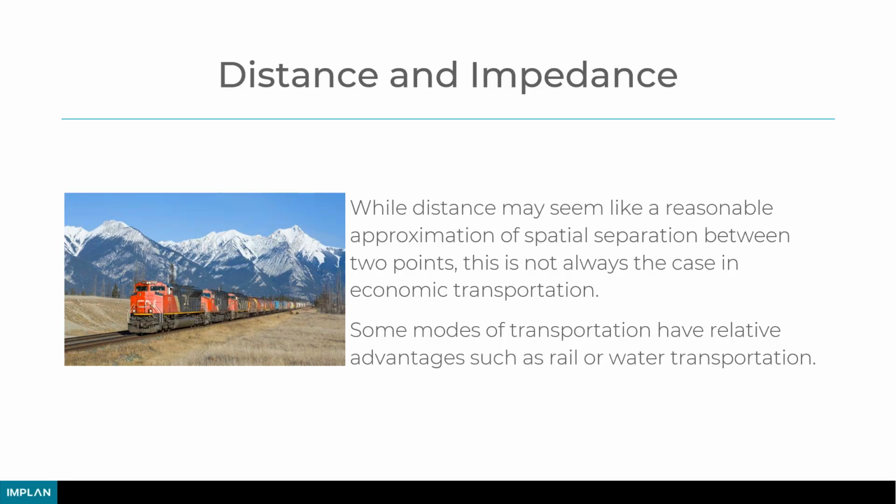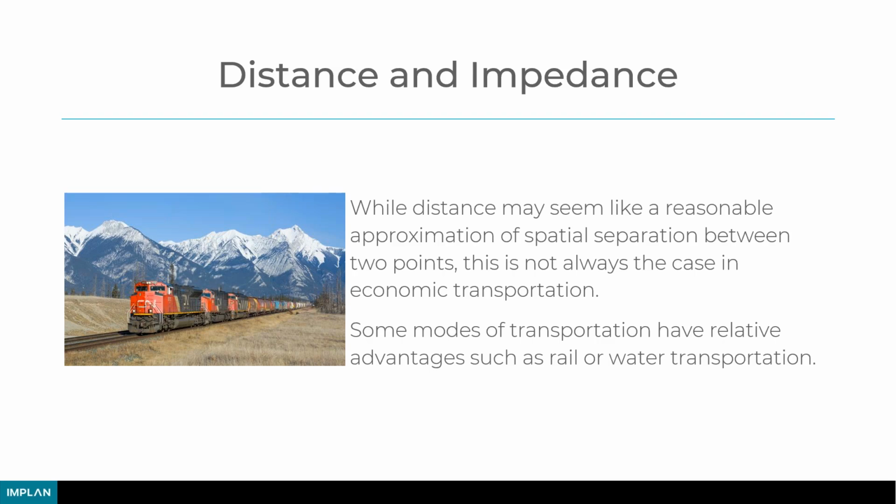While distance can seem like a reasonable approximation of spatial separation between any 2 points, it's not always the case in economic transportation, right? If I draw a straight line between 2 places, that's not necessarily representative of how far those places are in a practical sense for engaging in economic activity.